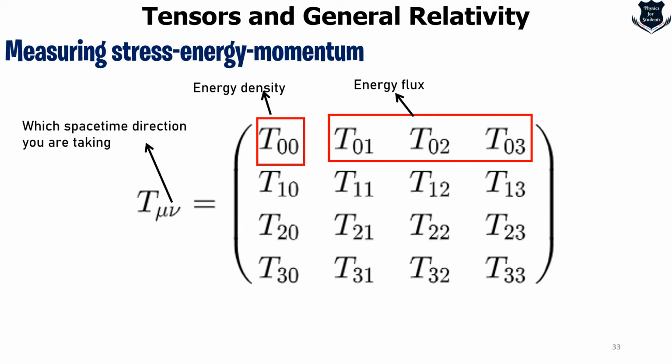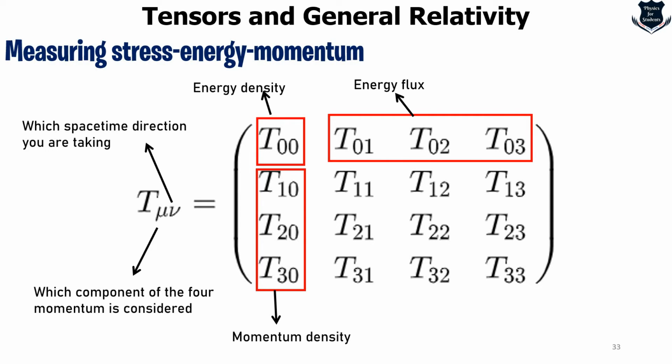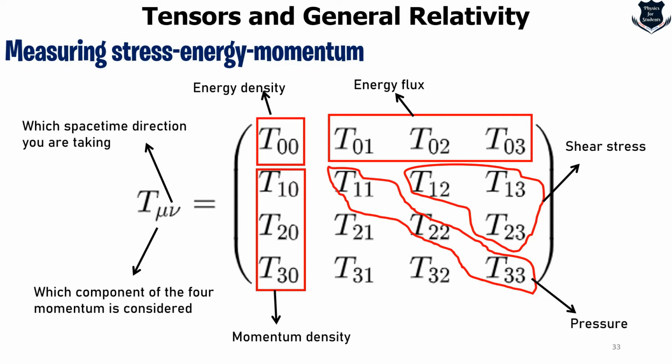This is the mu nu, that is the space-time direction, that means 3 space and 1 time, which consists of the 4-momentum. This is the momentum density, this is the shear stress, and this is the pressure. So what I'm trying to tell is that all those things, shear stress, pressure, energy flux, energy density, momentum density, are all mathematical terms.